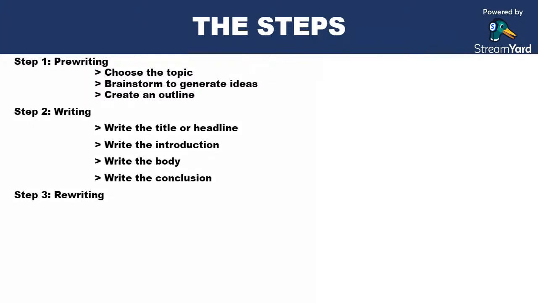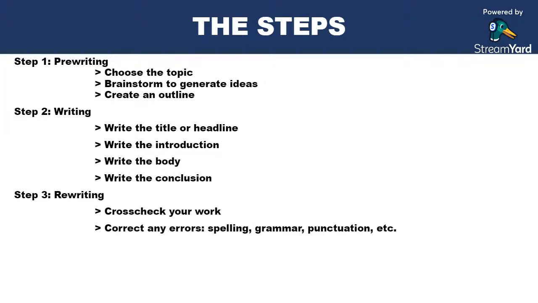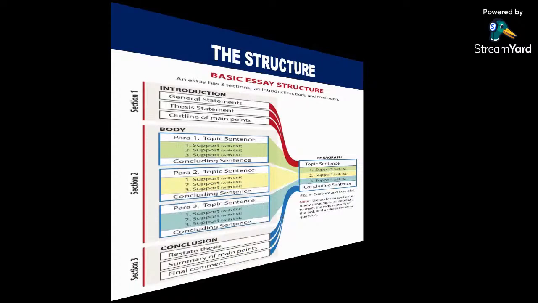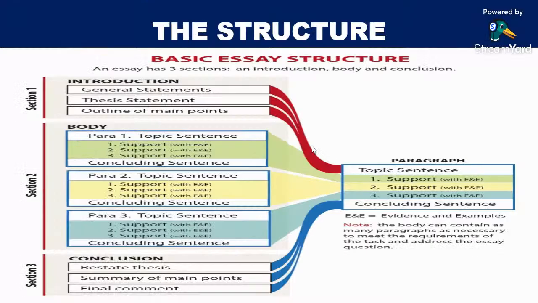These are the 3 major steps that you need to take in order to write a good essay. Under rewriting, you cross-check your work, and then you correct any errors, such as errors of spelling, grammar, punctuation, and so on.